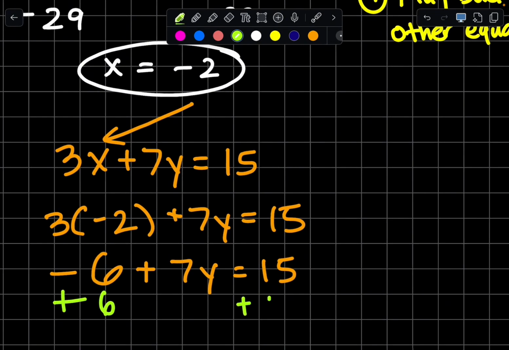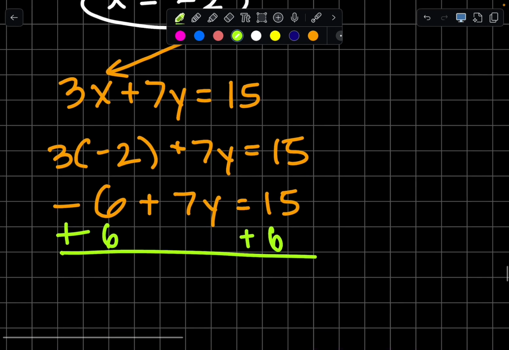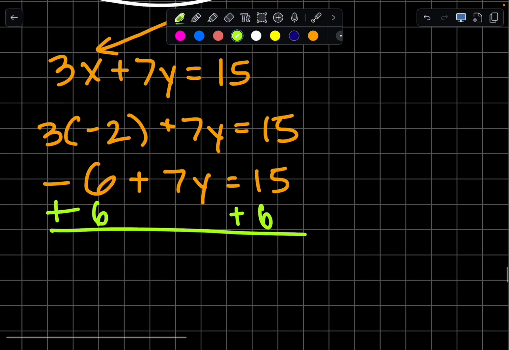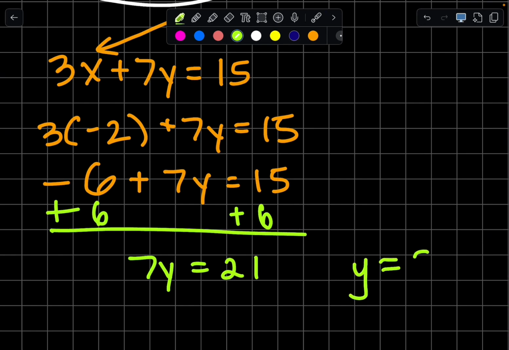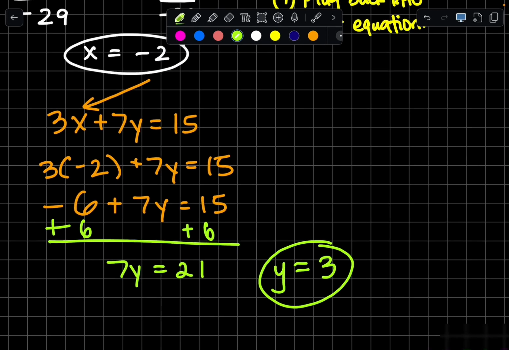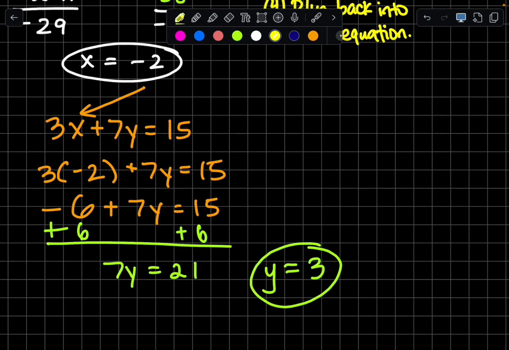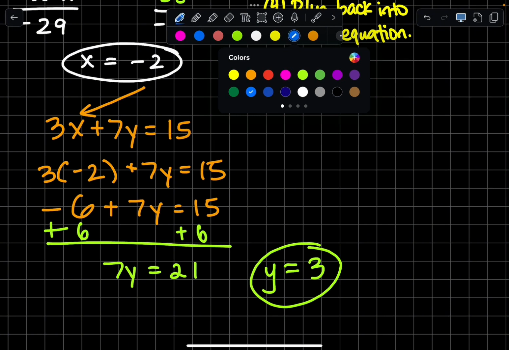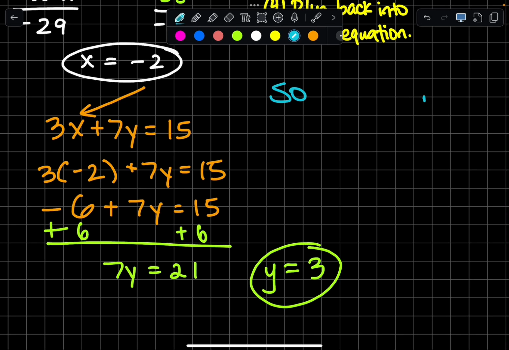Plus 6 on both sides. 7y equals 21. So y equals 3. That means you have a solution at negative 2 and 3.